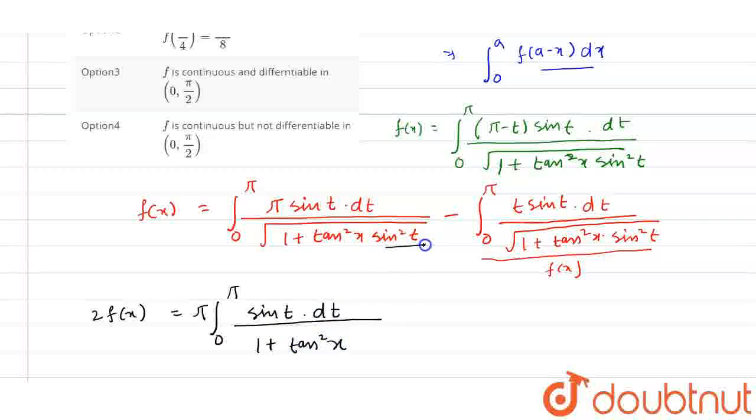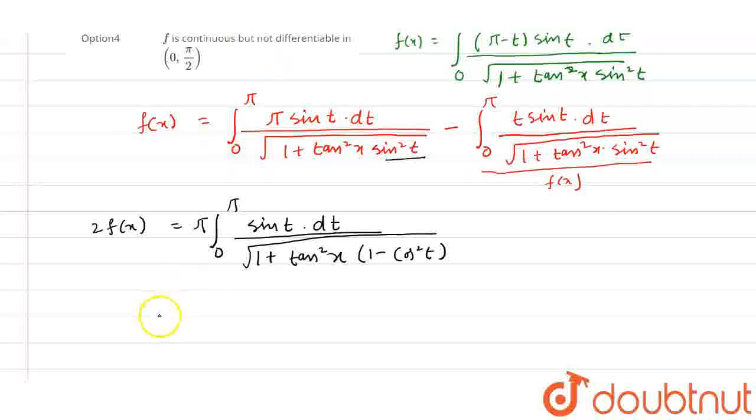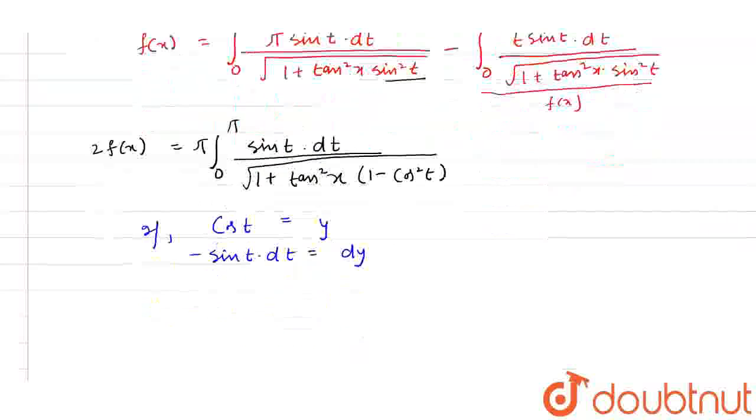Now this sin square t can be written as 1 minus cos square t. Now if cos t is equal to y, then by differentiating with respect to t, we get minus sin t dt is equal to dy.